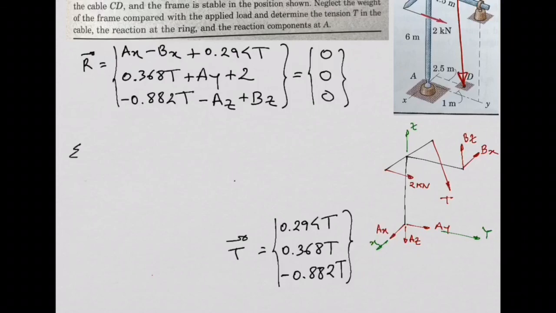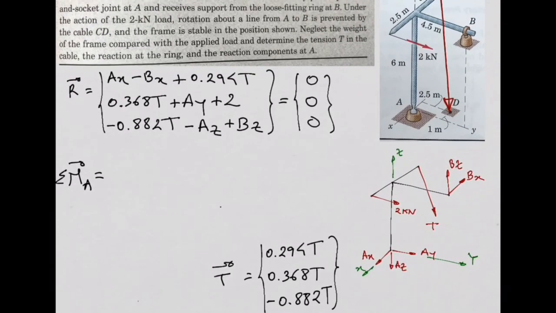So, summation of moments about point A. Again, we are going to do the moments by doing the external product. In a 3D problem, it's much easier, trust me. Okay, let's start with the moment produced by these 2 kilonewtons about point A. So we need to define the position vector first.